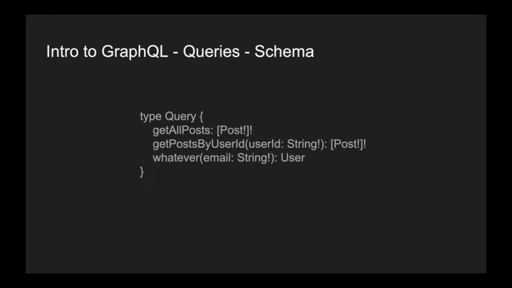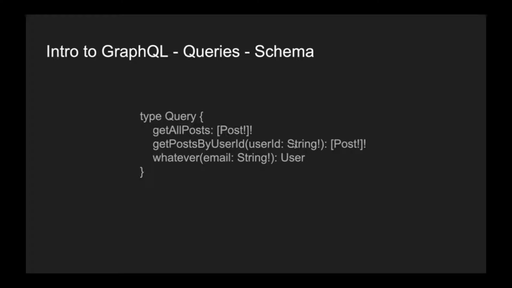And then there's also a get posts by user ID, and this is how we define arguments for queries and mutations in GraphQL. You just have an opening parenthesis right next to the operation name, and then you give your variable names and then types for the variables.